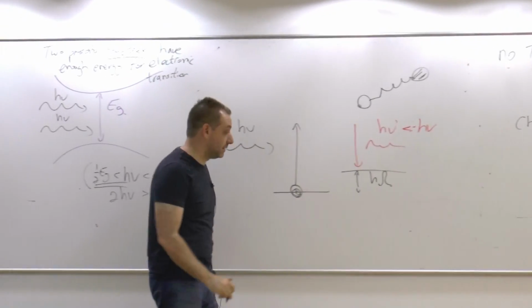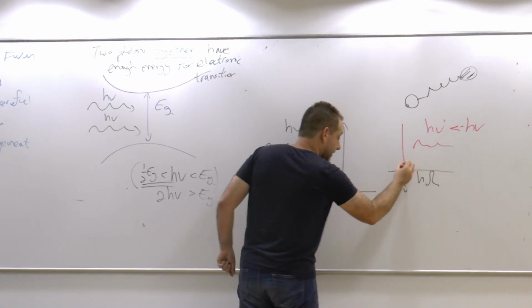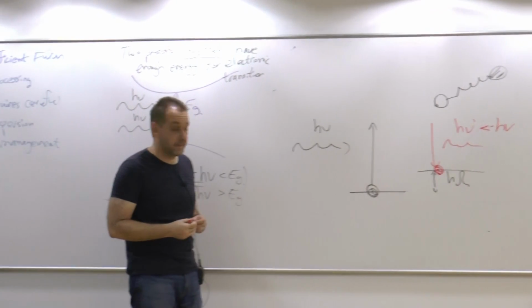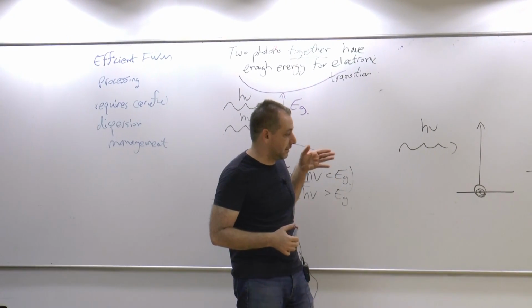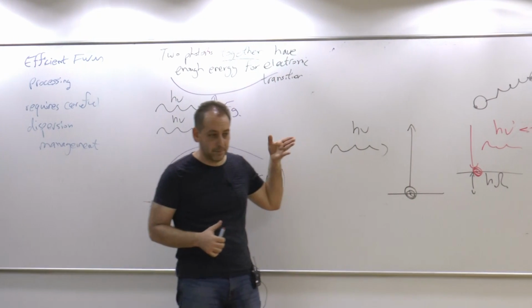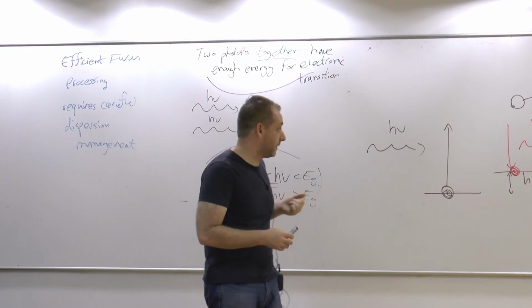And at the end of the day, the molecule will find itself in an excited state. So we absorb a photon and we give one back that has a lower energy.